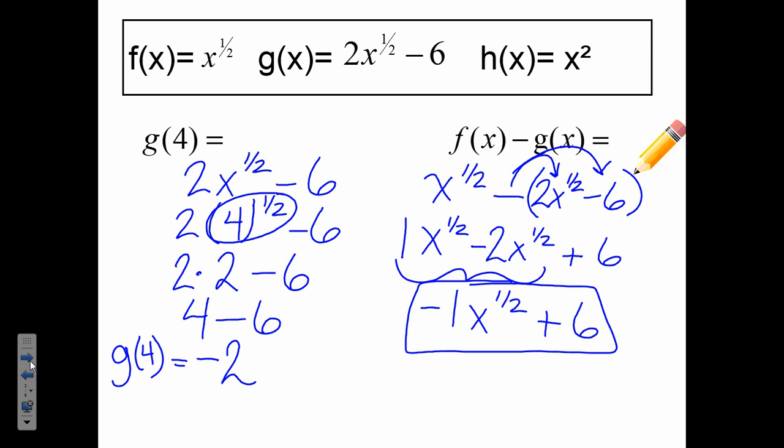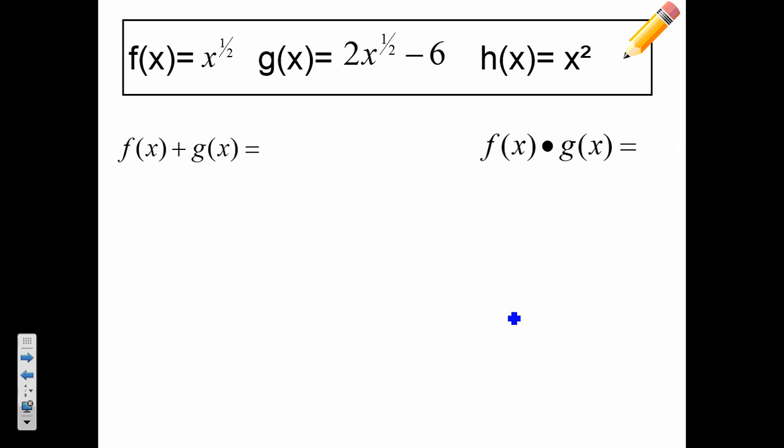So let's take a look at our next example here. We're going to add some functions and then multiply some functions. So let's take f of x plus g of x this time. The f of x function is x to the 1/2. The g of x is 2x to the 1/2 minus 6. So we're going to add here. We don't need to distribute a negative sign.